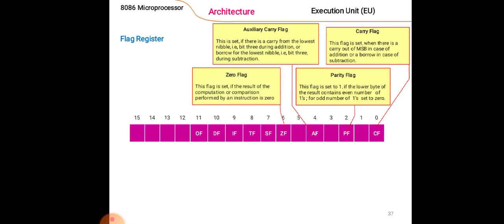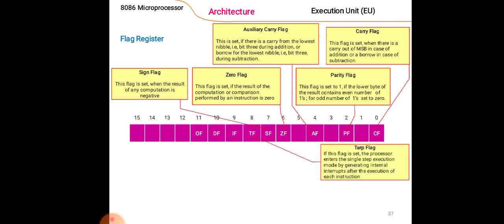Then the zero flag. If we perform some operation or computation, and the result of the operation is 0, then this flag is set to 1, otherwise it is reset to 0. Then the sign flag. After performing the operation, if the result is negative, then the sign flag is set to 1, otherwise it is reset to 0.